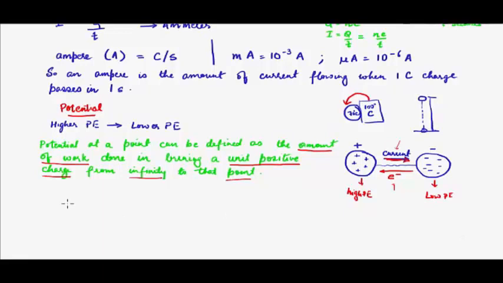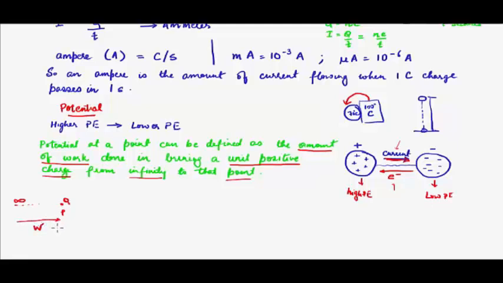Let's say a test charge Q is brought from infinity to a point P, right? So somewhere here in infinity it was initially, and then we bring it to P, a charge Q, and we define that W amount of work was to be done to do this task. Okay, now one thing I forgot to mention, that potential is denoted by a V.